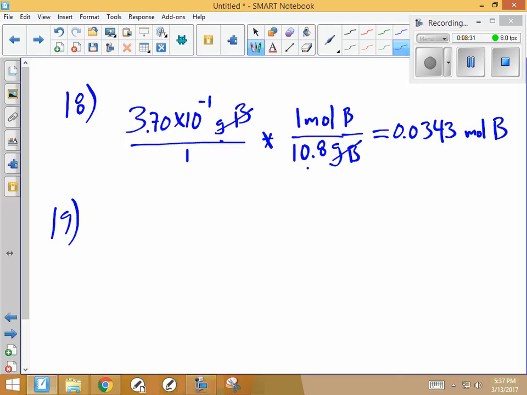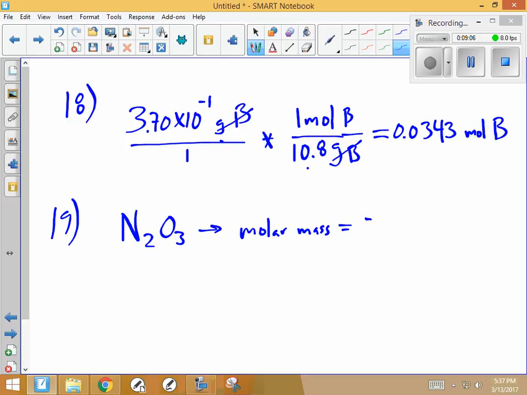Let's do 19. I suspect it will be similar. Calculate the number of moles in 75 grams of dinitrogen trioxide. Now there's one of those covalent naming opportunities. Let's review that. Dinitrogen, that's N2. Trioxide, O3. These are both nonmetals, therefore this is covalent bonding. You don't need to worry about the oxidation numbers. You have the correct formula. Let's calculate the molar mass.